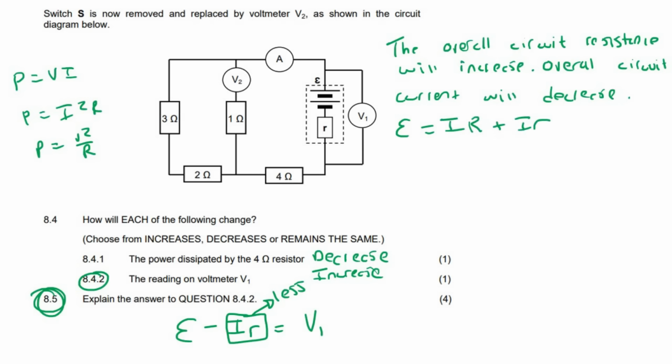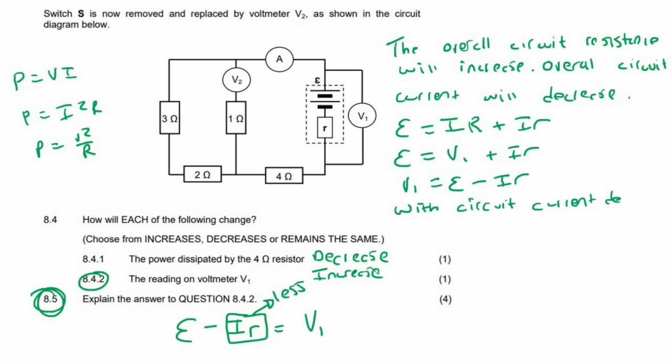First let's rearrange the formula to become V1 equals EMF minus IR, and then we can say, therefore, with circuit current decreasing, IR will become smaller.